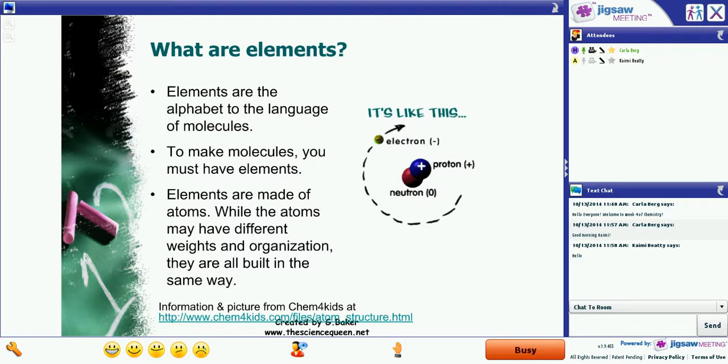It's what forms it. So elements are made up of atoms. While the atoms might have different weights and different organizations, they're all built in the same way. They all have protons, they all have neutrons, and they all have electrons.